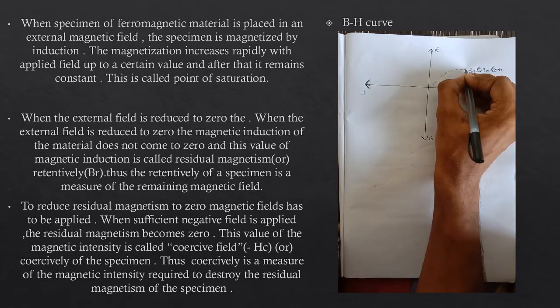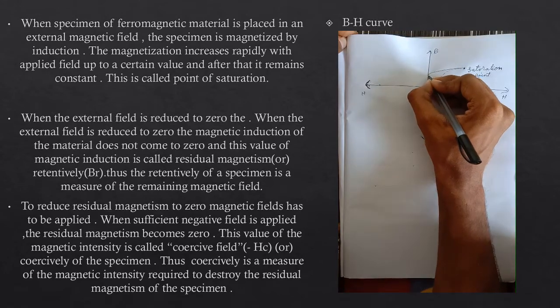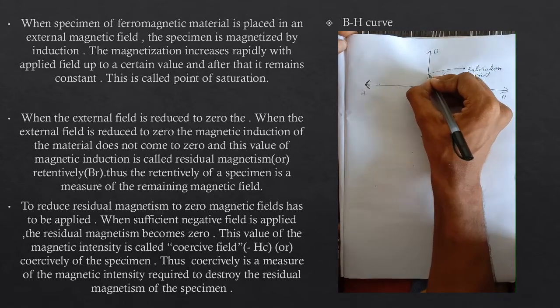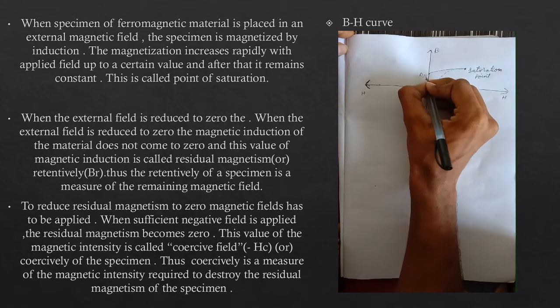To bring the field to zero, we remove the applied external magnetic field and make it zero, but the material reaches a point on the B axis, as B is the magnetic flux density, and the point is represented as Br.